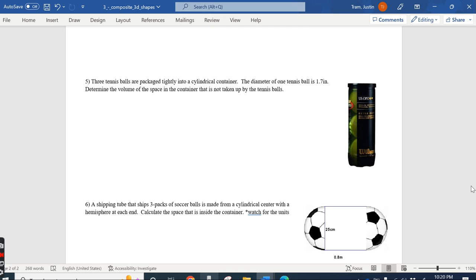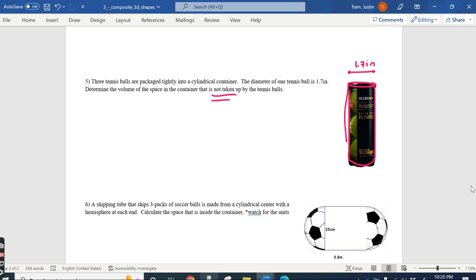Number 5. 3 tennis balls are packed tightly into a cylindrical container. The diameter of one tennis ball is 1.7. So from here to here is 1.7 inches. Determine the volume of the space in the container that is not taken up by the tennis balls. So what you need to do here is find the volume of the cylinder, okay?